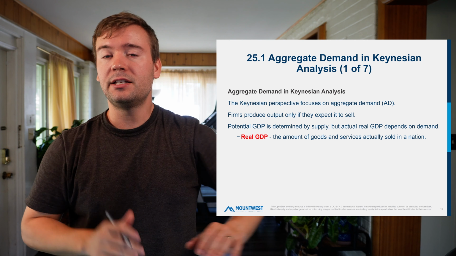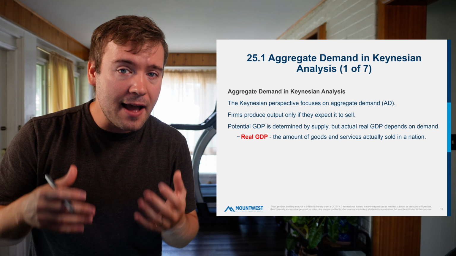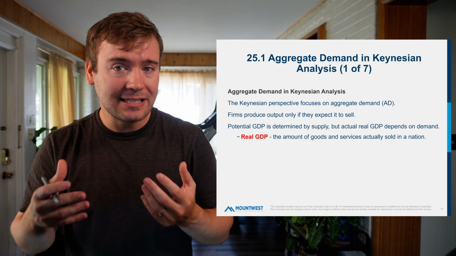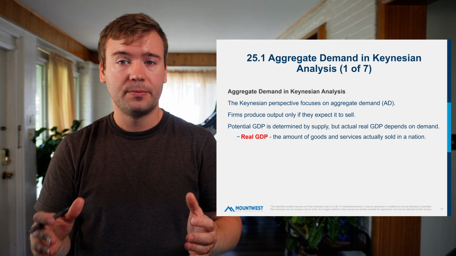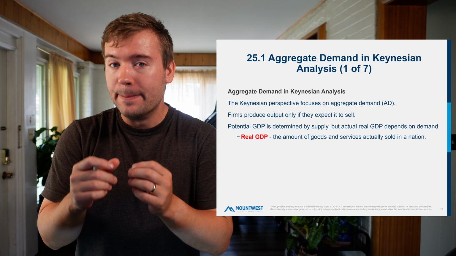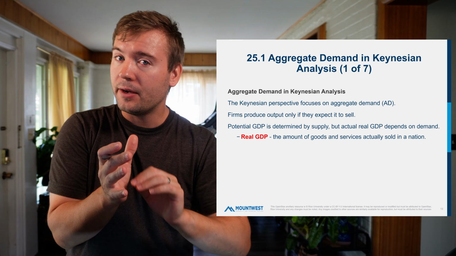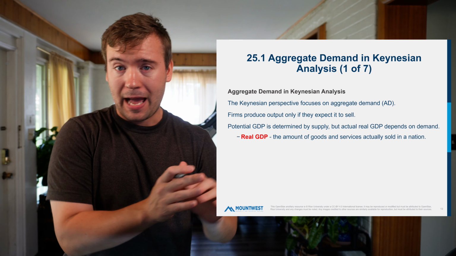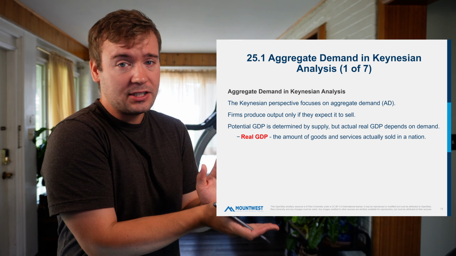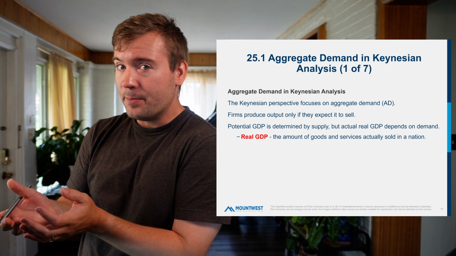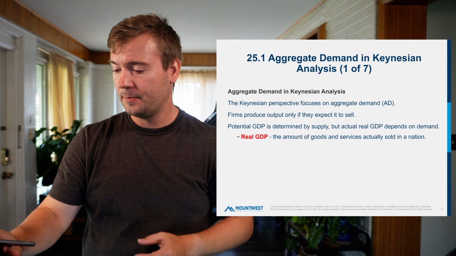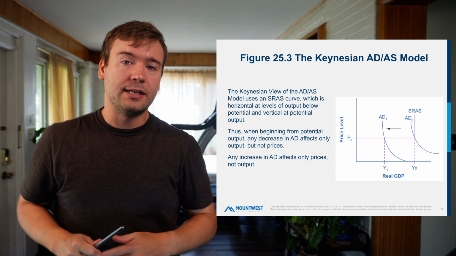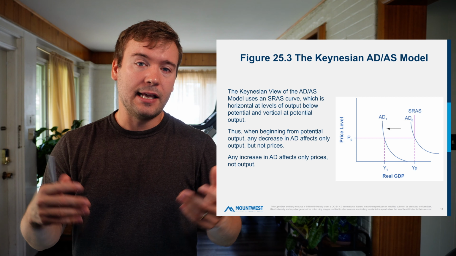So in the Keynesian view, it's not enough to have the capacity to produce. You also need sufficient demand to drive that production. Capacity is one thing. Yeah, we can make a lot of stuff, but do we have people who are asking for it?